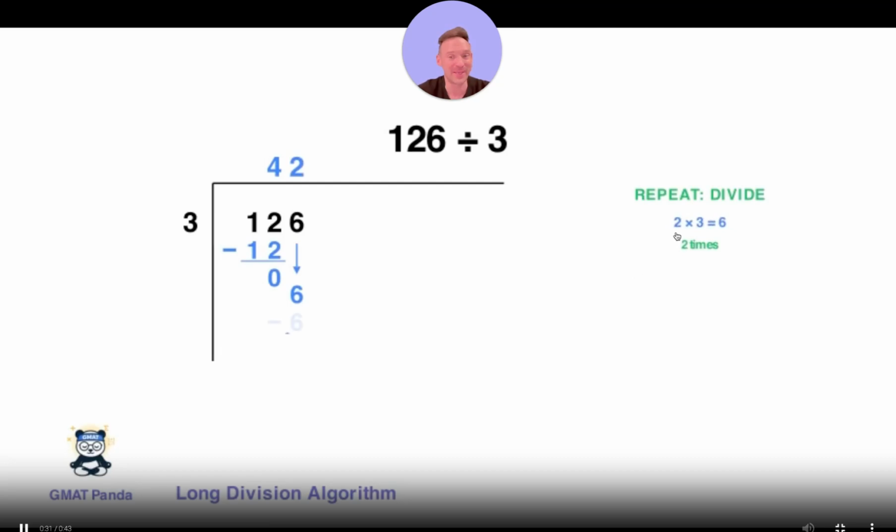So in this case, we multiply 2 times 3 to get 6. And again, the remainder is 0. And at this point, we've finished the whole long division, and we're left with 42. So the 2 coming from the 2 times 3 that goes into 6. So the result is 126 divided by 3 is 42.